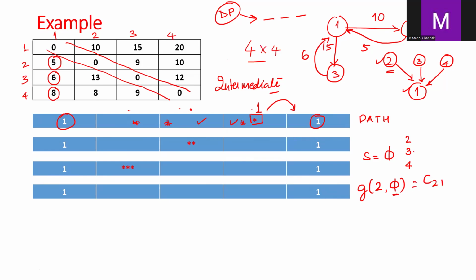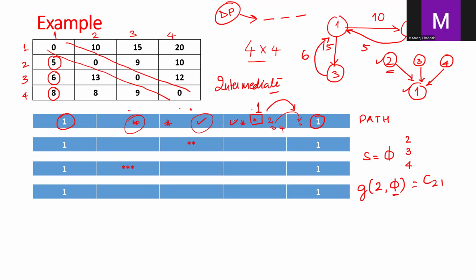Why this 5? Because if I am using this location and I am traveling here, then in this case there is a direct path from either 2, either 3 or 4. So there is no intermediate here in between this vertex 2 and 1. But if I say this location, then there is one intermediate. And if I say this location, then there are two intermediates.